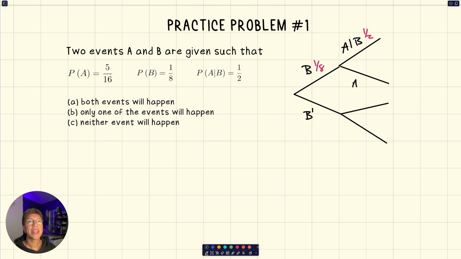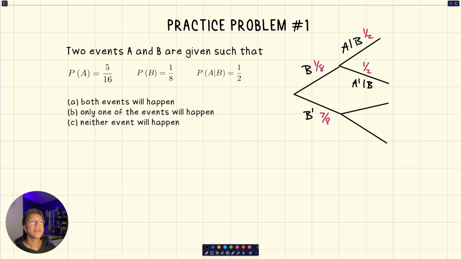We get A not given B because, again, this is a tree diagram, all branches sum to 1. We can say that this second branch is also 1/2. And then the probability of B is 1/8, so this one has to be the complement probability, 7/8.